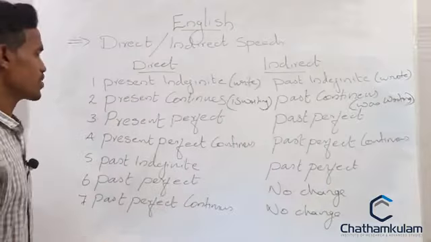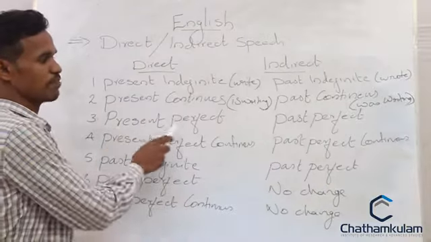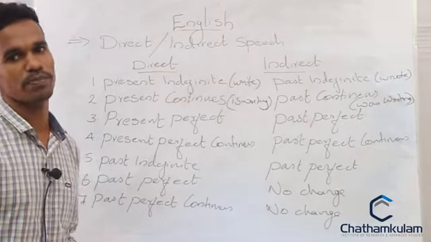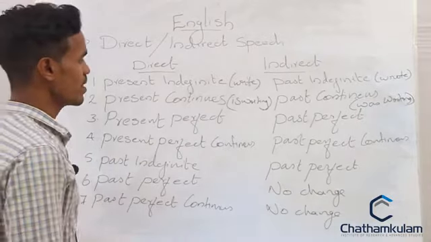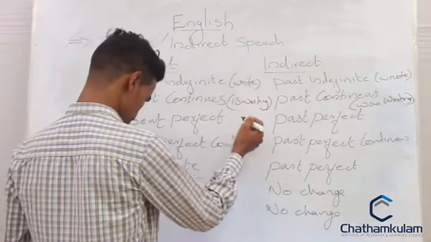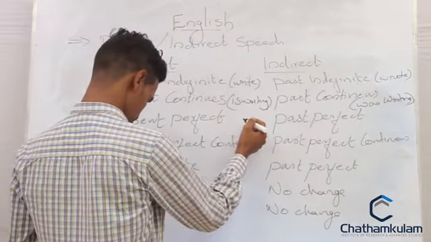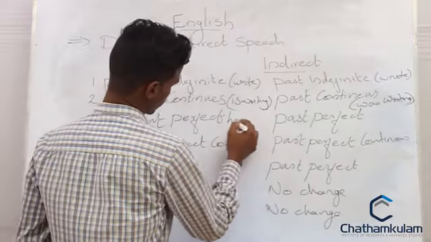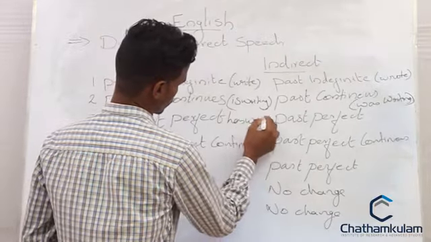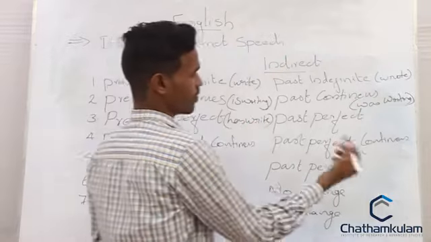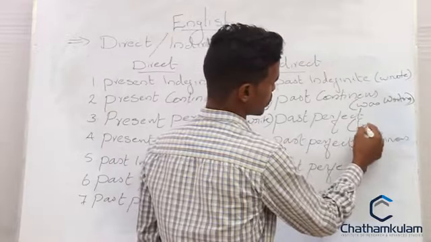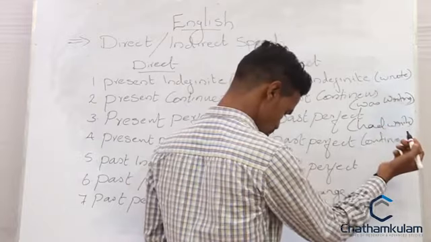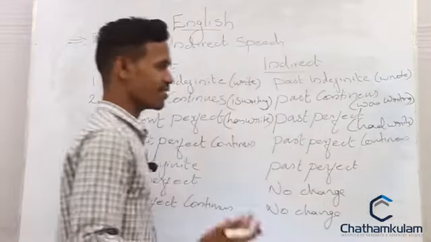Next one is the present perfect. Present perfect is about the current status of that particular thing, for example, has written or have written. It will be changed into past perfect: had written.